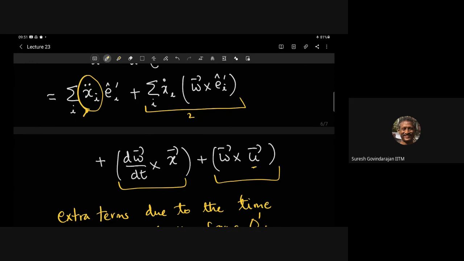So the observer O prime will know that he or she is a non-inertial observer because these things are definitely there. Next lecture we will see how these things work, and I'll also probably comment on why I think several books have confusing formulae when no confusion is needed. Okay, so I'll stop here and pause for questions.